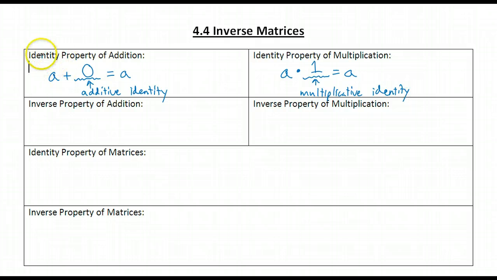We need to know the identity in order to do the inverse property. The inverse property works this way. I'm going to start with A, I'm going to add something, and for an answer, I want to get the additive identity 0. In addition, I'm going to have to add negative A, the opposite of A, in order to get 0.